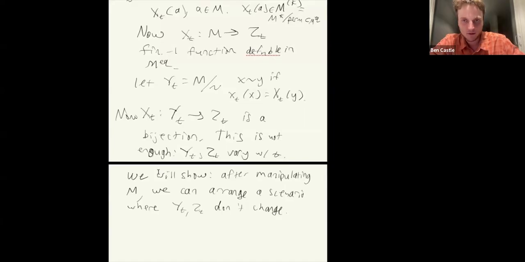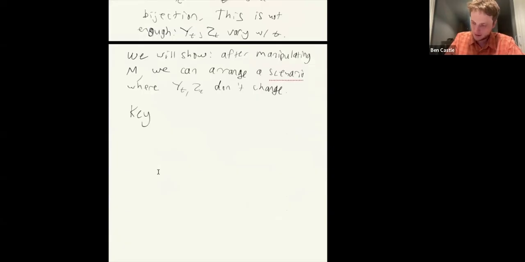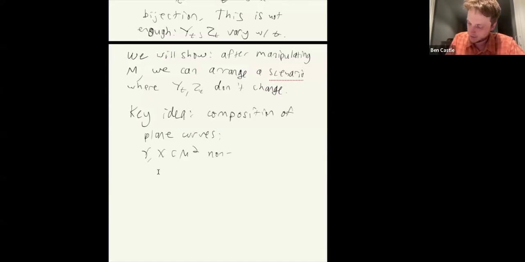Right. Now, the key idea throughout is going to be a composition of plane curves. I can just tell you there's a direct definition of composition of plane curves. If y and x are non-trivial plane curves, say stationary non-trivial plane curves, then we can define y composed with x.